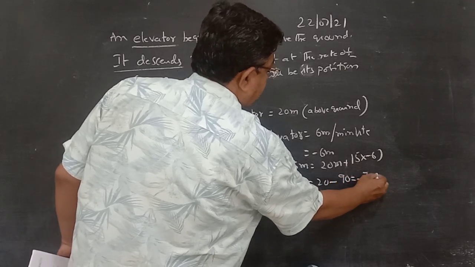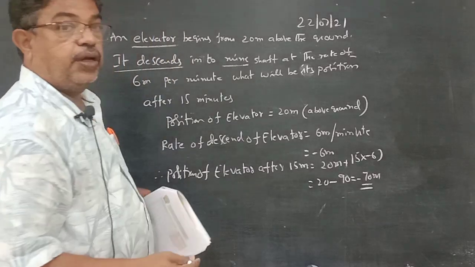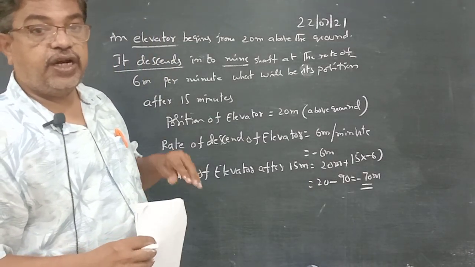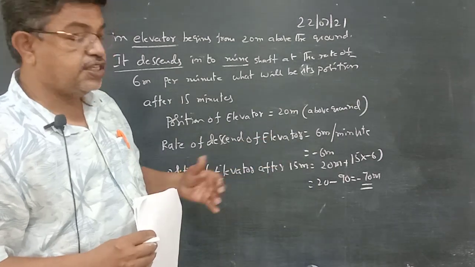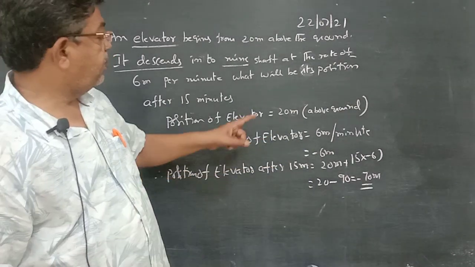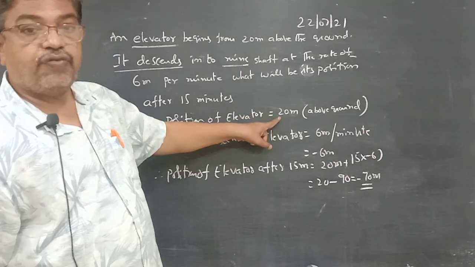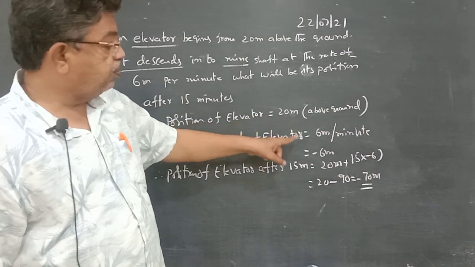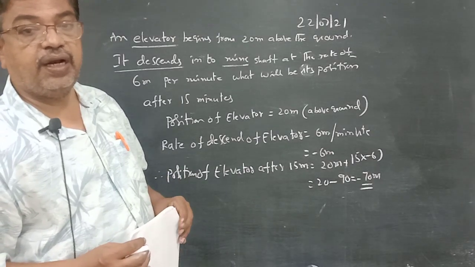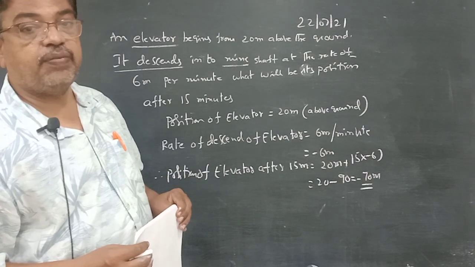So, it is at a level of 70 meters below the ground level. So, the elevator after 15 minutes, if you observe, it is at a depth of 70 meters from the ground level. From the level of 20 meters above the ground level, it moved into -70 meters below the ground level in a time of 15 minutes.